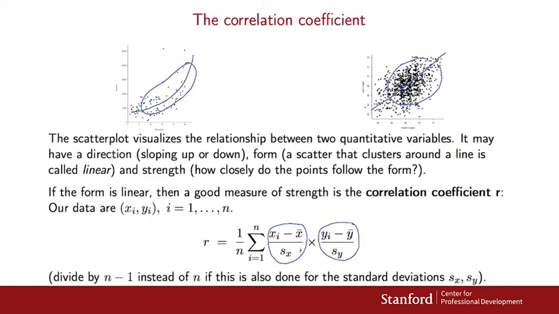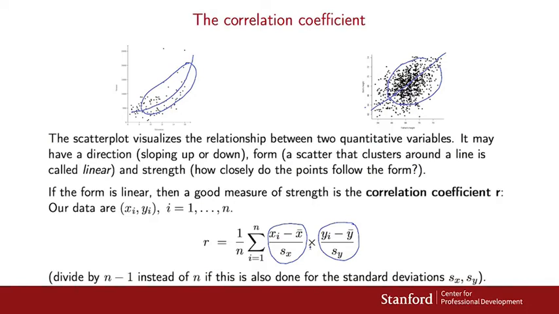Now you see that this product here is positive if both x is above x bar and y is above y bar, and it can also be positive if x is below x bar and y is also below y bar. So this contribution will be positive if both x and y vary in the same direction from their averages, and it will be negative if they vary in opposite directions.